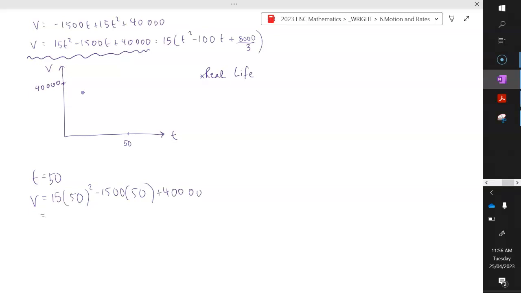Which, popping that in your calculator, we get a volume of 2,500 litres. So there's a little bit of water left at the bottom of that tank. So at 50, we've still got a volume of 2,500. So our graph, which is a parabola, is moving down in that pattern.